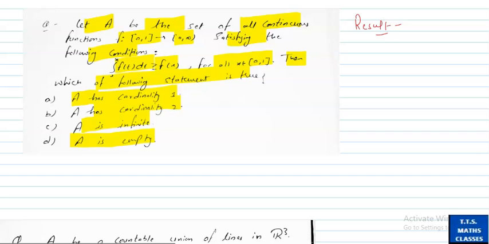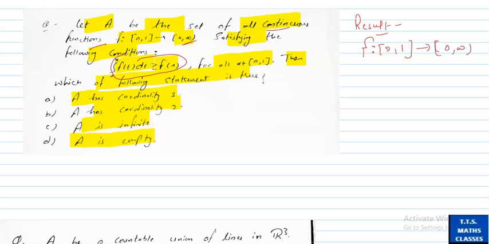Basically it is either a result or a condition. Okay, so we take that type of function which is continuous as well as satisfies that condition. So what is this condition? f from [0, 1] to [0, infinity), the closed interval 0 to infinity.